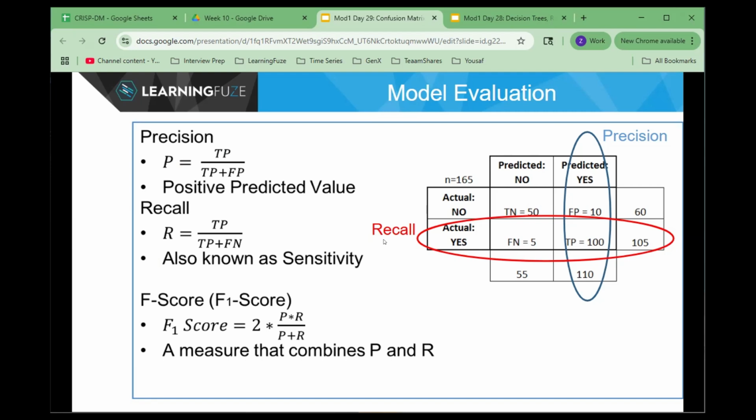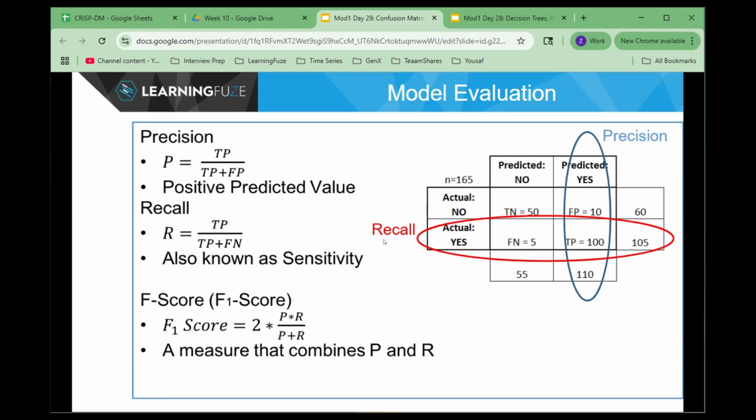It makes it clearer. The reason I stay with this type of confusion matrix is because in my head, precision is vertical and recall is horizontal. I always keep it this way so that it fits in my brain, so I can focus on precision versus recall.